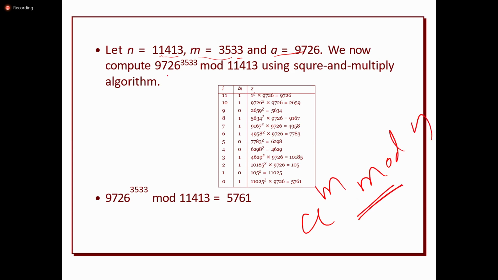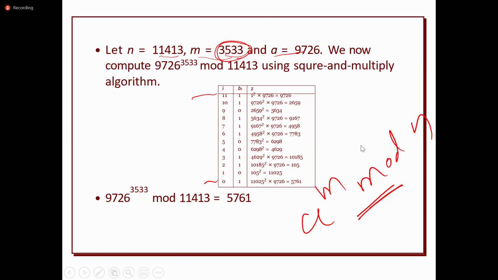Here a is 9726, power 3533, mod n is 11,413. How can we do that? We need to convert 3533 to bits. It requires a total of 12 bits, 0 to 11.